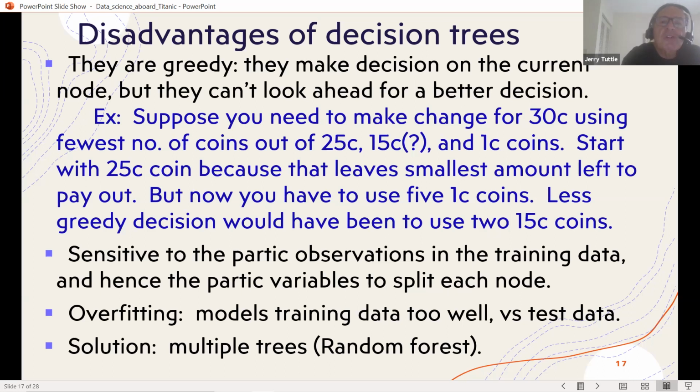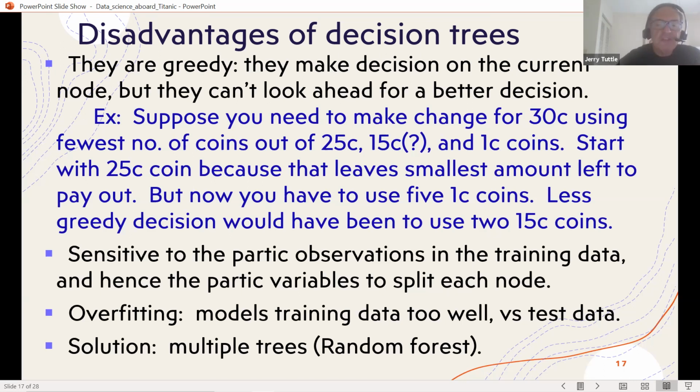The solution for decision trees is multiple trees, and not surprisingly, that's called a forest. What you do is run hundreds or thousands of trees. The computer doesn't care.